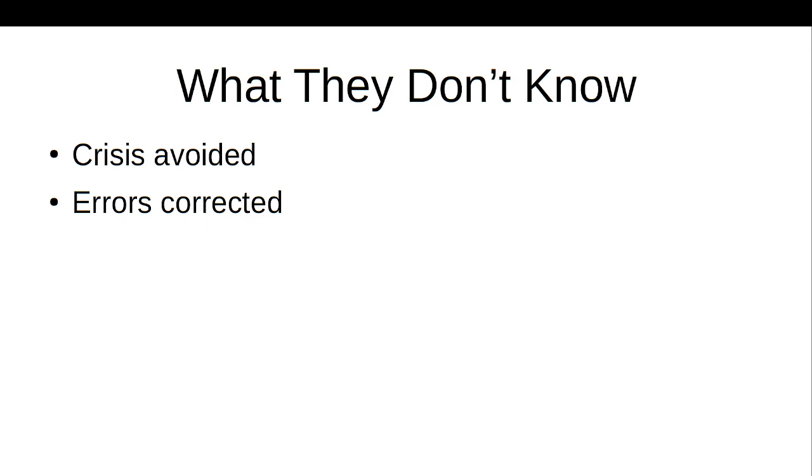For all the criticism, what you've been able to do now is avoid crisis by having monitoring and alerting on problems that might have eventually taken down systems, causing massive downtime and corruptions. These are going to be detected early enough to be addressed and avoid a bigger crisis down the road. You're also going to have errors that are corrected. As you have monitoring and alerting, you're going to discover where you have things that need to be shored up, like configuration issues.